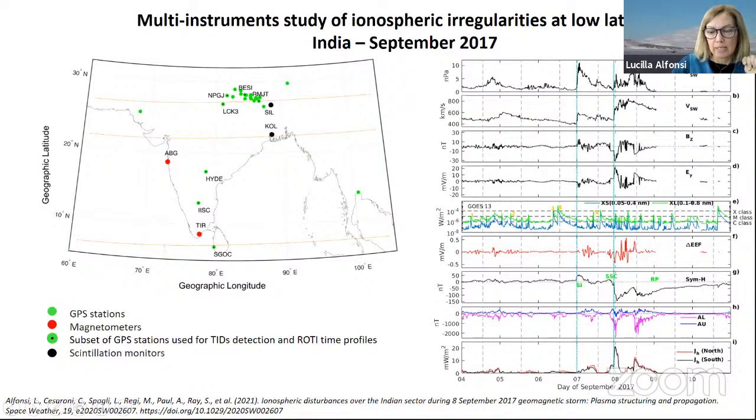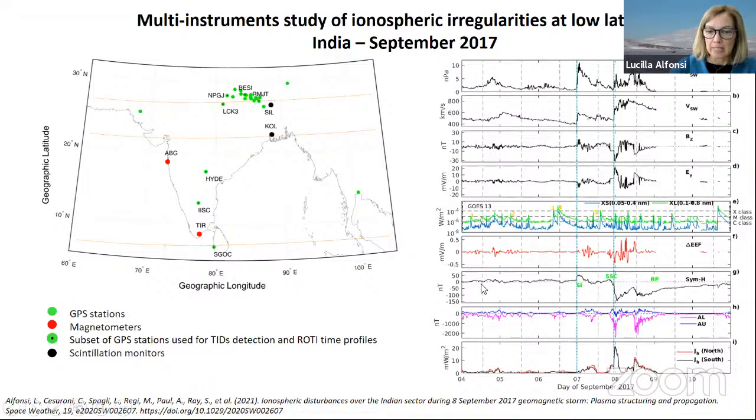This is again a representation of the general condition recorded during this storm. Again, also in this case, the study was recently published. And as you can see, also in this case, we have injection from the Joule heating from the two caps.